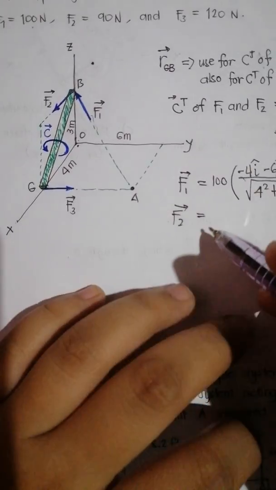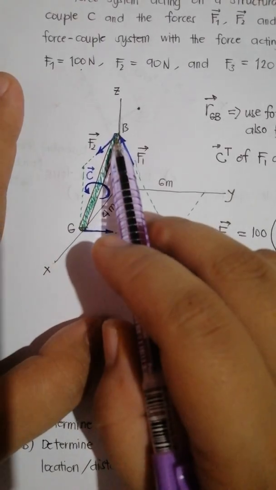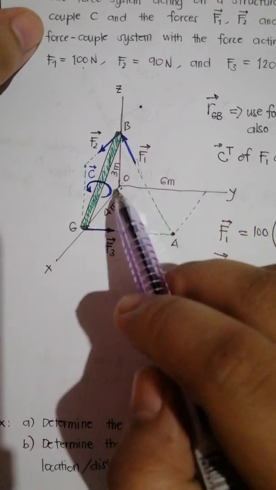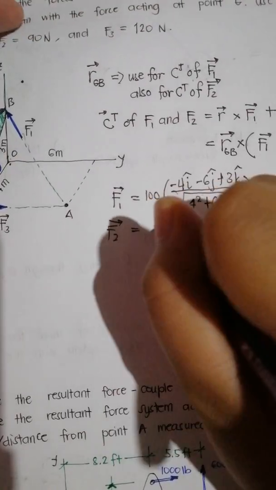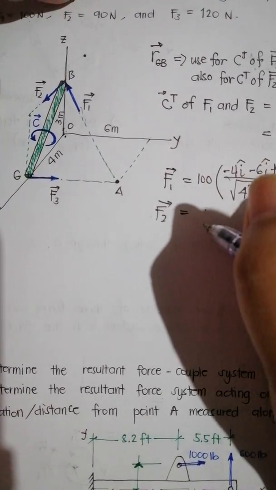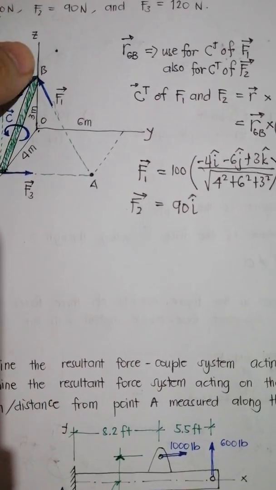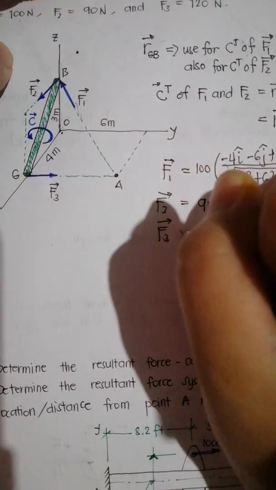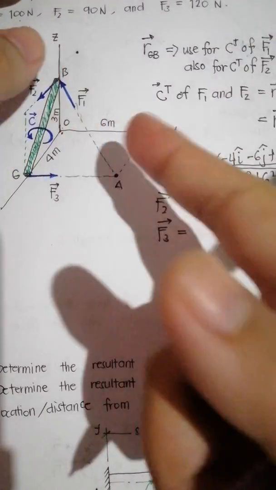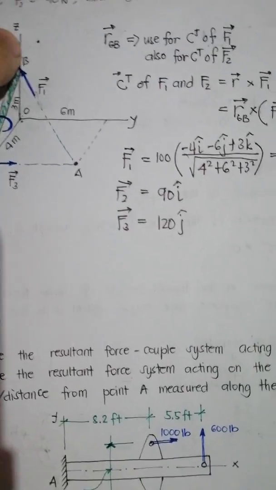Anyway, for F2, ano yung ano ng F2? So since F2 is acting directly along the x-axis, so yung 90, yan na yung i hat. Since positive siya along positive x-axis, so we have 90 i hat. That's for F2. For F3, it's directly acting along positive y axis, so we'll have 120 j hat. Alright.